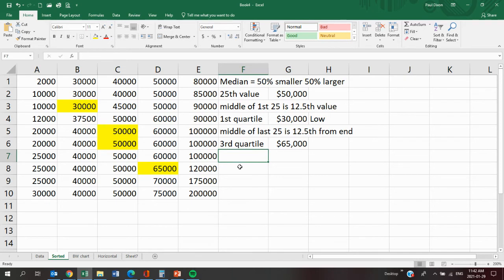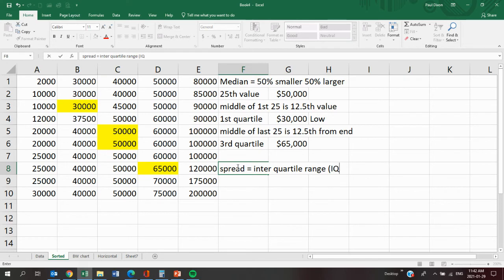So now my spread of my data, we're going to define that in terms of the interquartile range, or we'll just write it IQR. That's simply equal to the third quartile minus the first quartile.